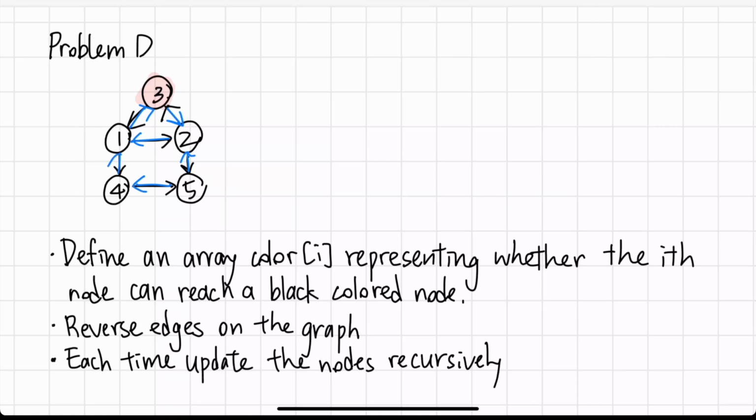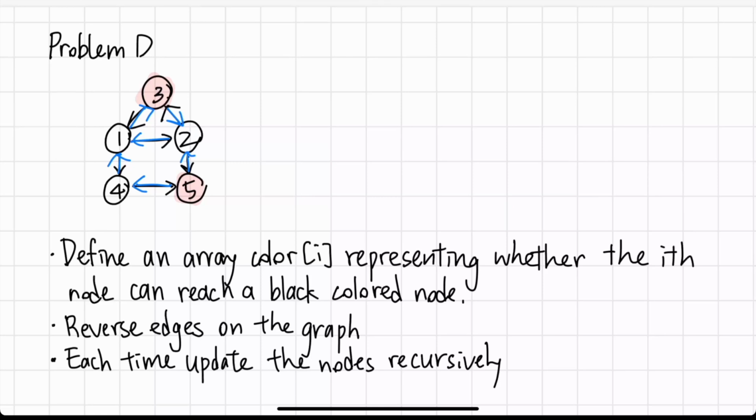Then when we update the nodes, we can update the values recursively. So for example, when we color vertex 5 black, we can then update the value of vertex 2 and 4 because they are reachable by vertex 5. And after we update vertex 2 and 4, we can then update the nodes that 2 and 4 are connected to, which is 1 here.